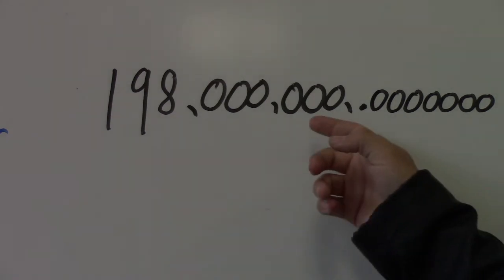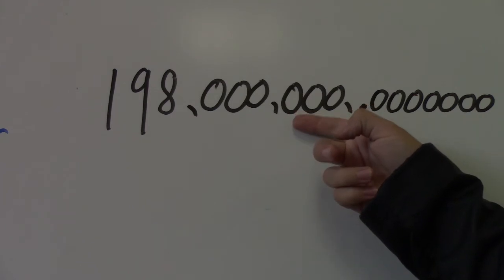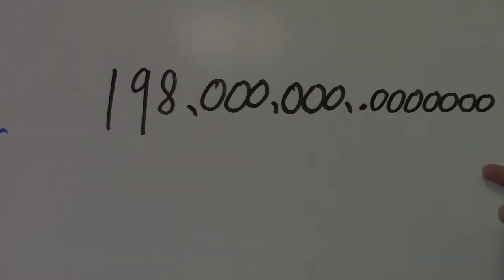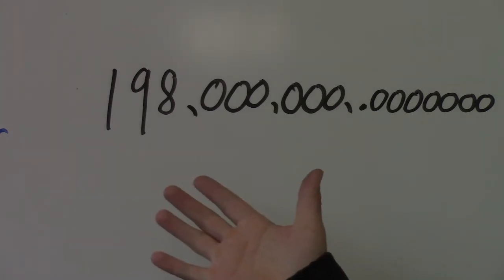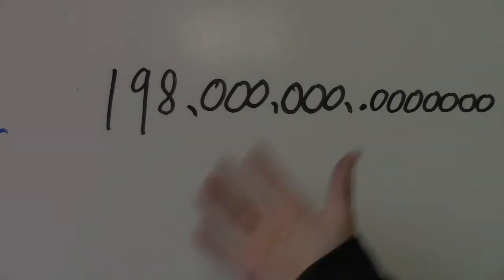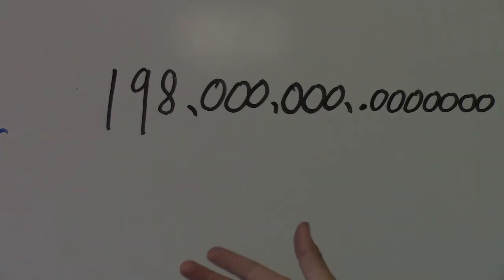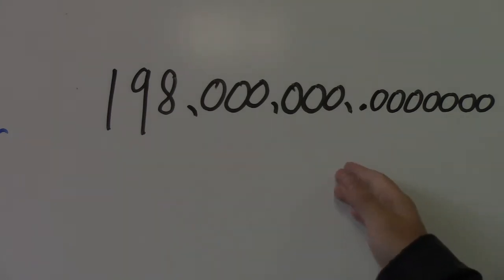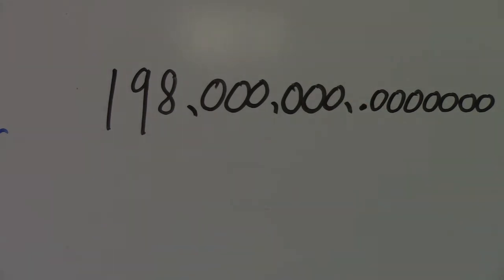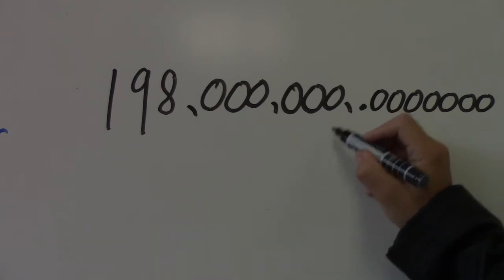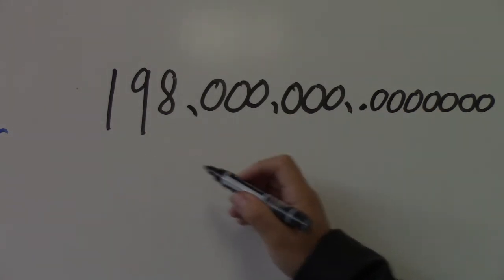So this is going to be hundreds, that's thousands, that's millions. So we have 198 million in standard notation. Let's make this into scientific notation, shorthand. I do this to this day, I still count how many places I need to go to make this a small number to write down.